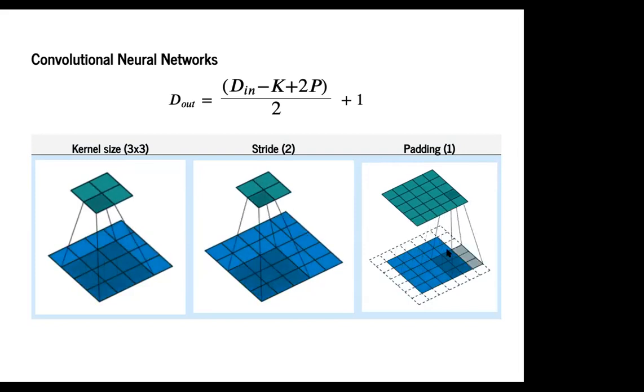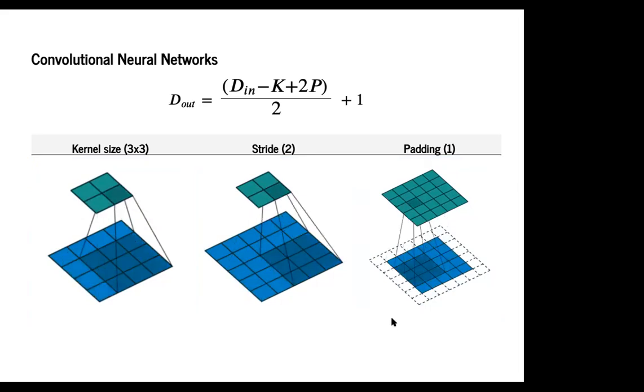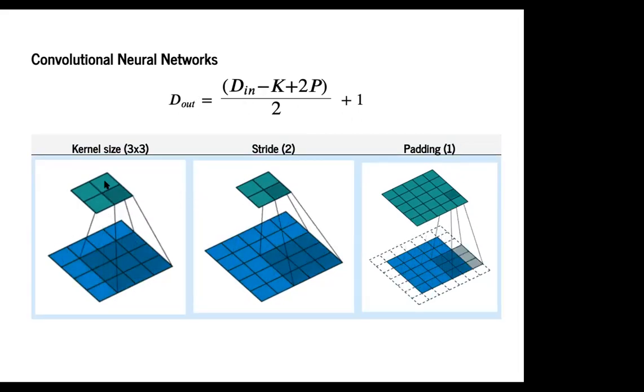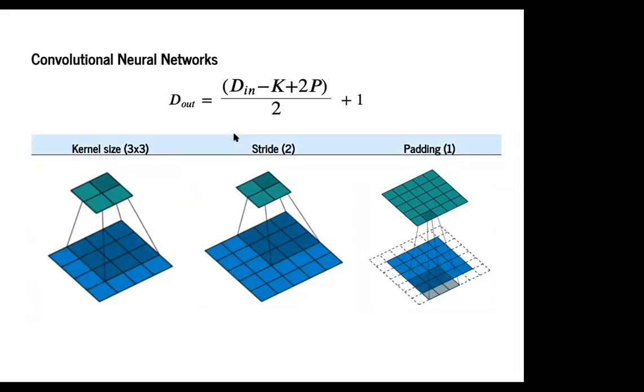And then this notion of padding. Padding is needed if you want the kernel to move over parts of the input for which it would have to bleed over the edge. What's being shown here at the top is the equation. This is for each dimension of this green output.